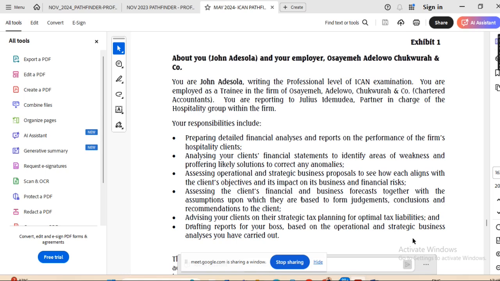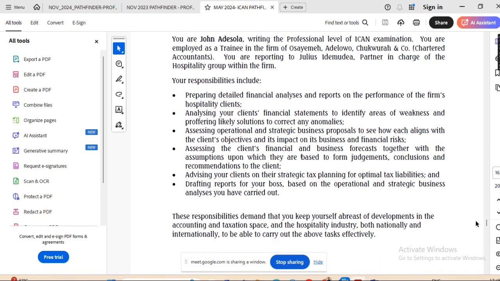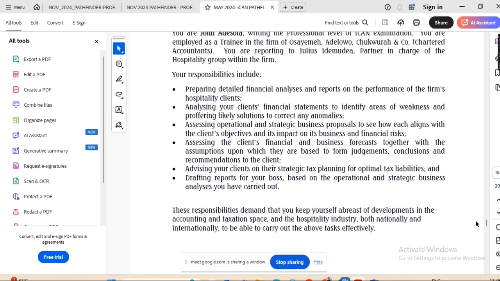When you are forecasting, you have to include the tax planning, then draft a report for your boss based on the operational and strategic business analysis you have carried out. This responsibility demands that you keep yourself abreast of developments in the accounting and taxation space and the hospitality industry, both nationally and internationally, to carry out the above tasks effectively.